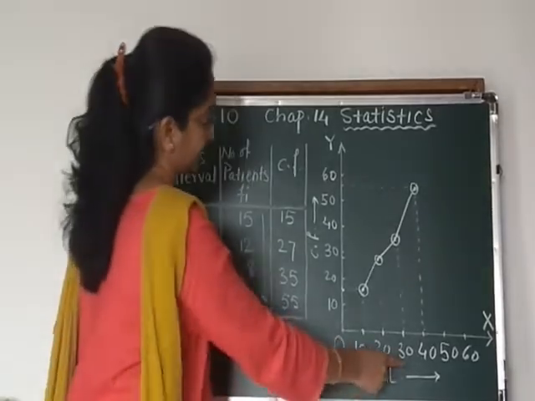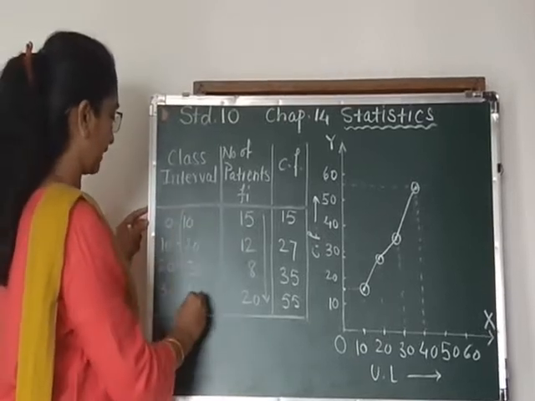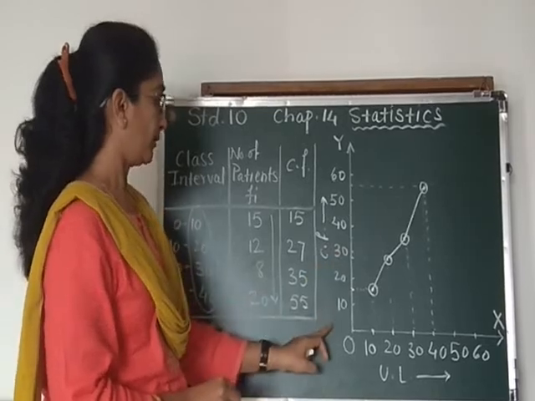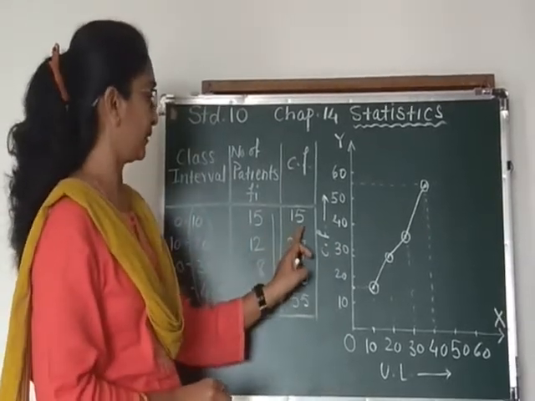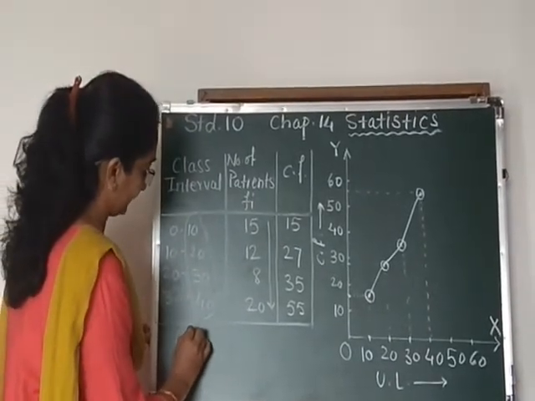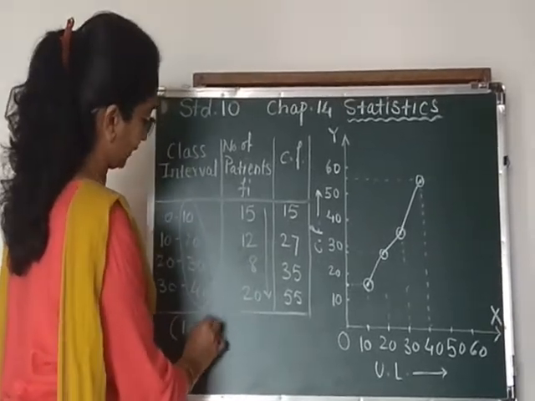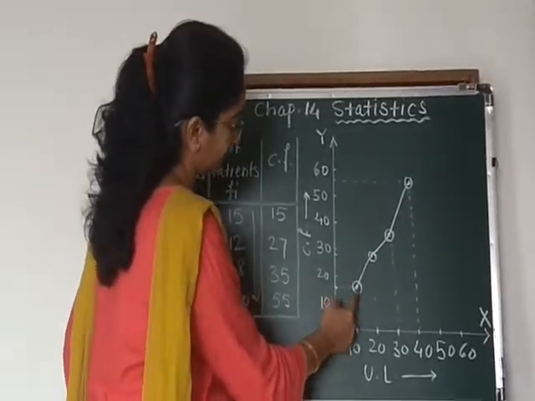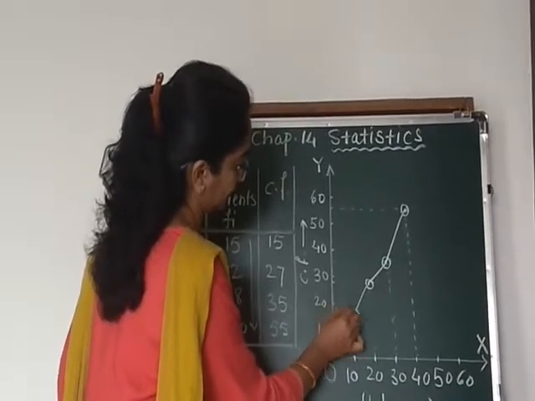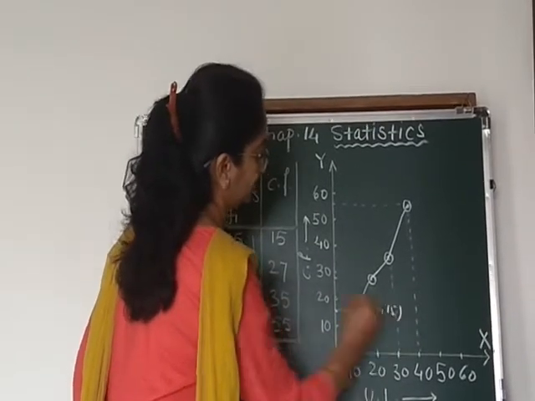Now here along the x-axis we are taking upper limits. That means these upper limits we are taking along the x-axis, and along the y-axis the corresponding cumulative frequencies we are taking. So here our first point is 10, 15. Now plot this point on the graph, that is 10, 15. So 10 on the x-axis and along the y-axis 15 here. So this is our first point, 10, 15.